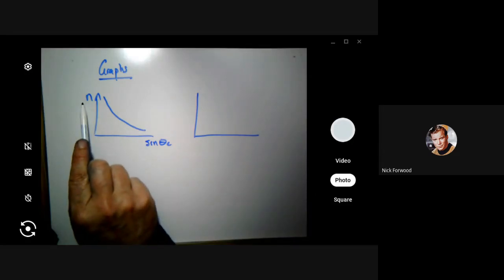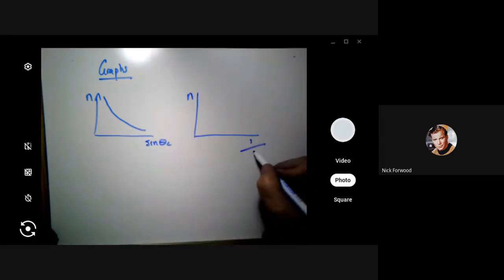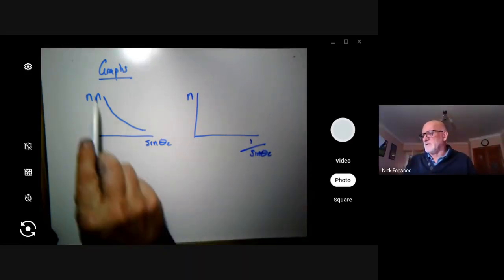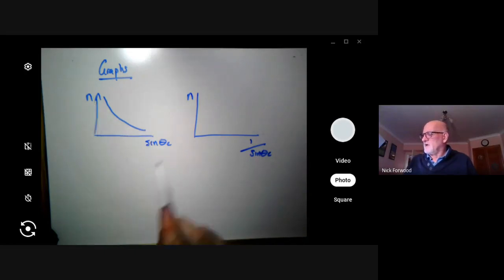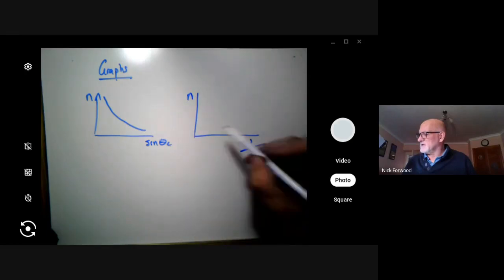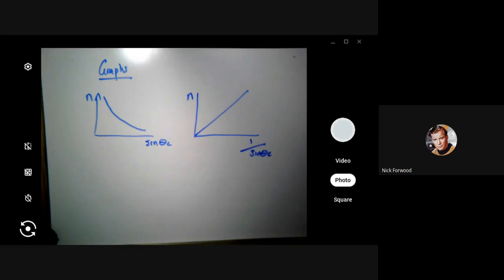But if we then plot refractive index against 1 over sine theta c, this is what happened at National 5. Pressure against volume gives you this inverse curve, but pressure against 1 over the volume, and in this case refractive index plotted against 1 over the sine of the critical angle, gives you a nice straight line.